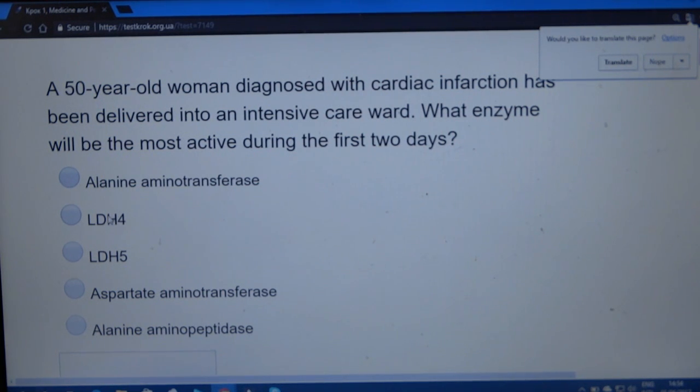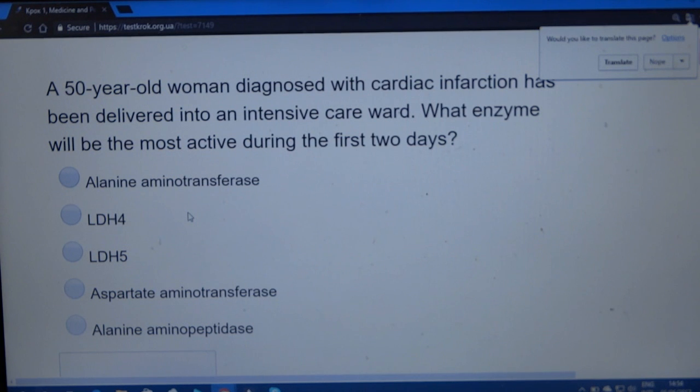Now, LDH1 and LDH2 is predominantly found in blood serum. A high level of LDH1 and LDH2 suggests myocardial infarction. Now, LDH3 is mostly found in the lungs, the lymph tissues, pancreas, and in the platelet.